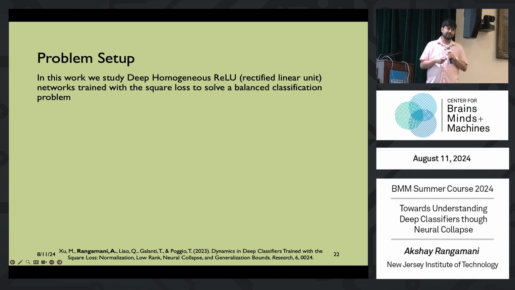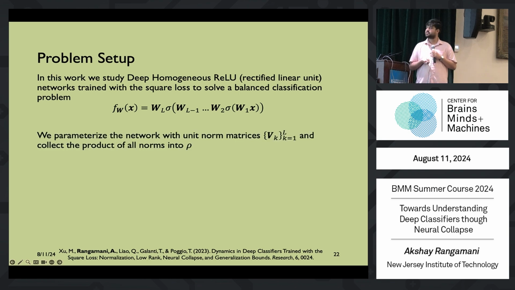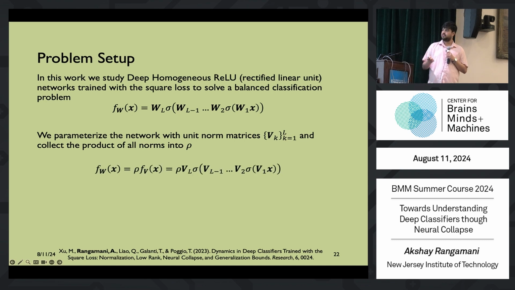Here we studied deep homogeneous ReLU networks. You just remove all the biases. I'm not saying the biases aren't important, but just for this case, let's focus on this type of network. And we're not going to look at this network on its own.